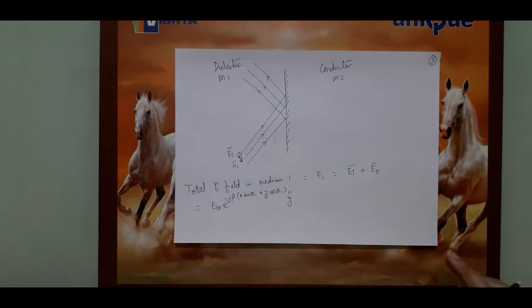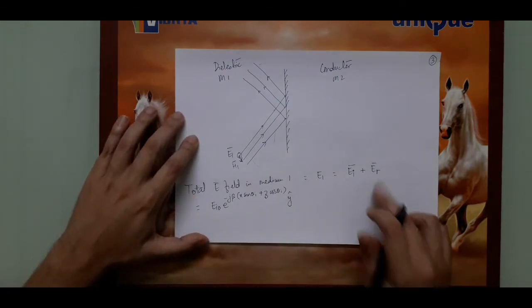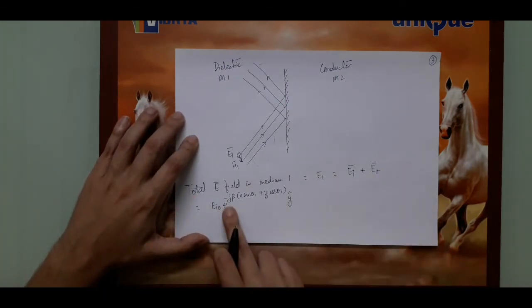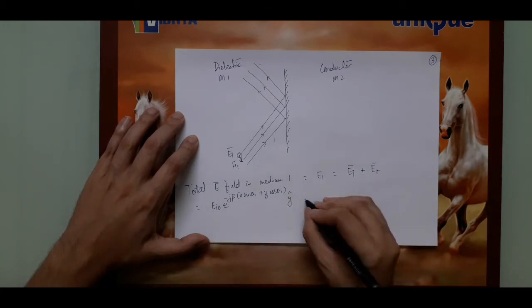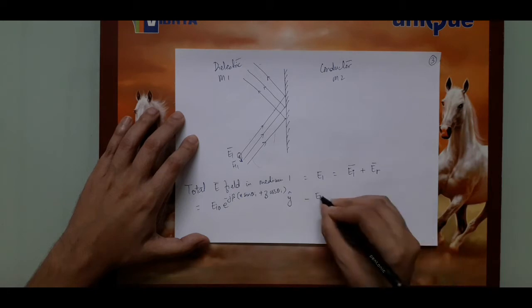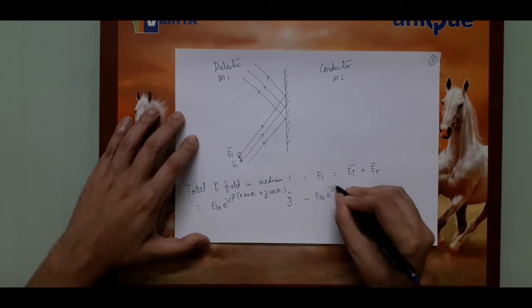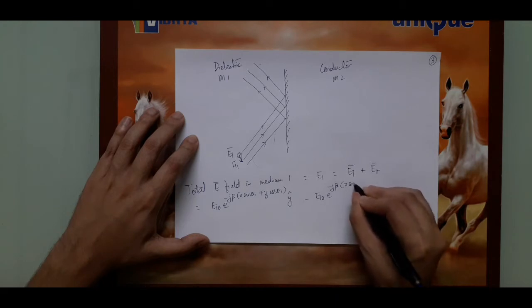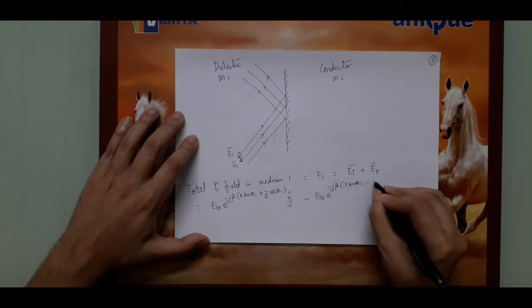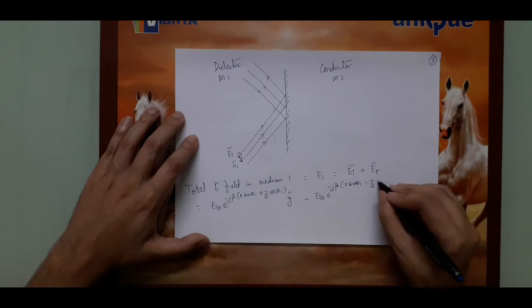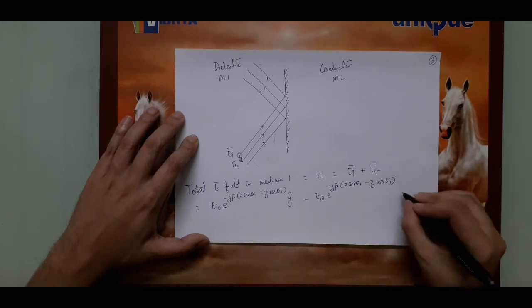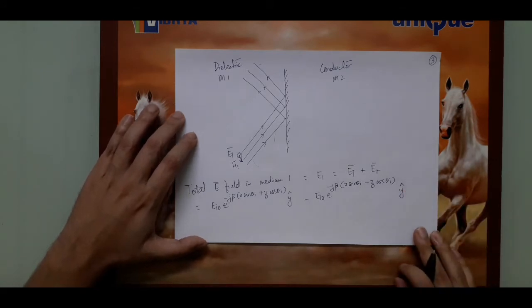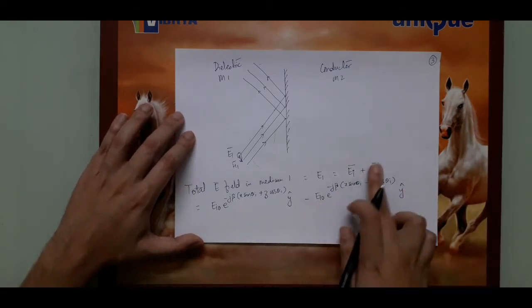So I can write ER in the same way as the earlier ER, but the coefficient will now be minus EI0. And the rest of it will stay the same, that is e raised to minus j beta x sine theta I minus z cos theta I. I think there was a minus. Yes, there was a minus. So only what has changed is the coefficient of the field.